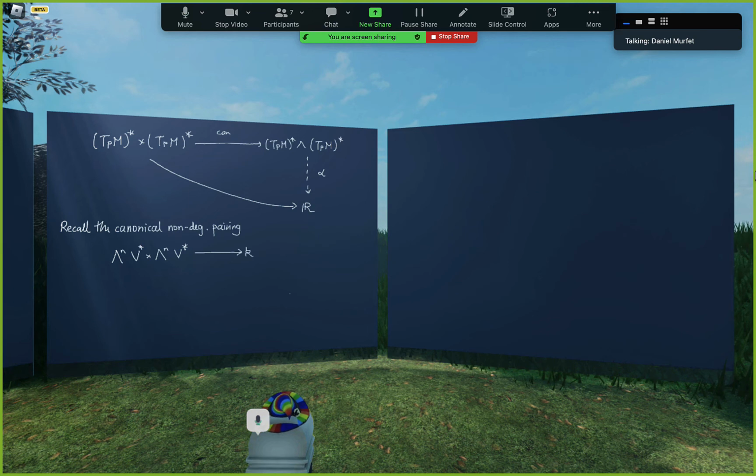There's a non-degenerate pairing which works as follows. It takes a wedge product of n forms, nu 1 through nu n, and a wedge product of n vectors, x1 through xn, makes a matrix out of them, and takes the determinant.